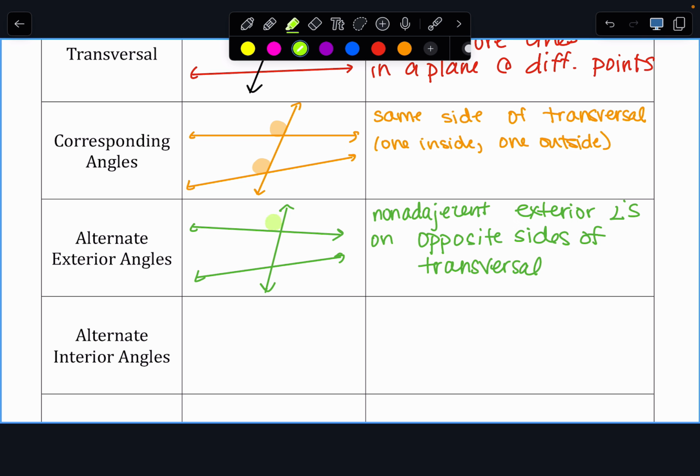So they're on the outside and they are alternating along the transversal. You know a lot about these? Okay, good.